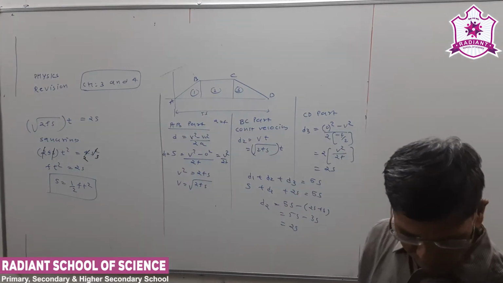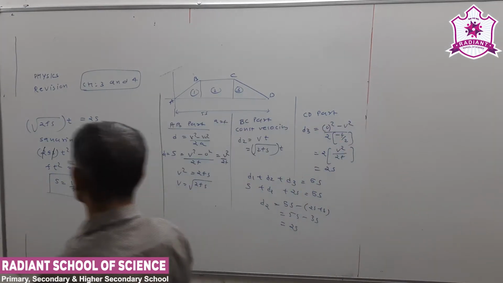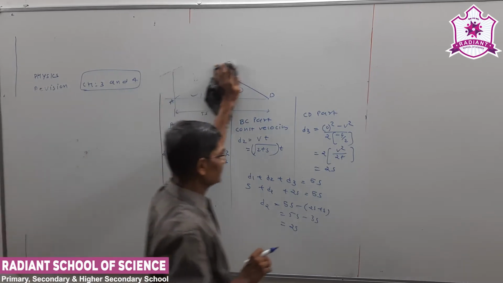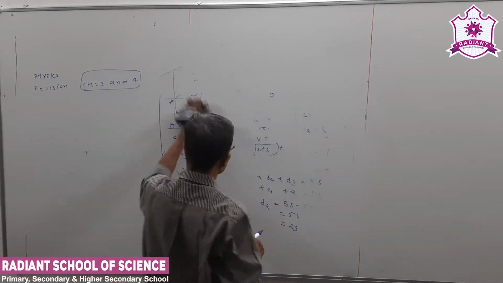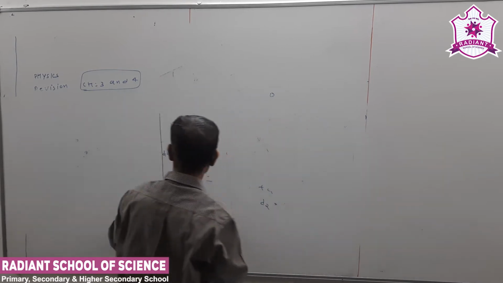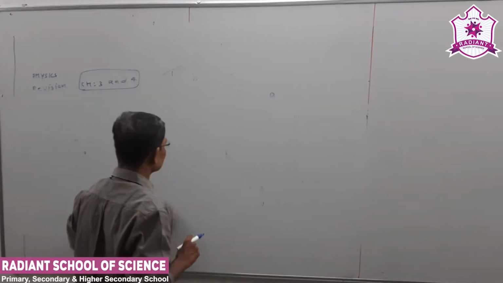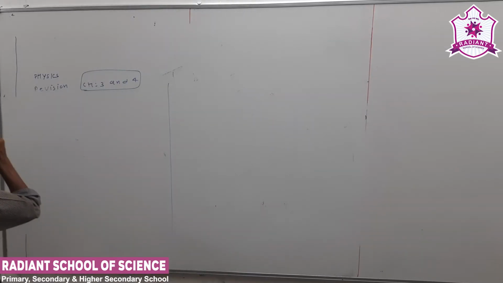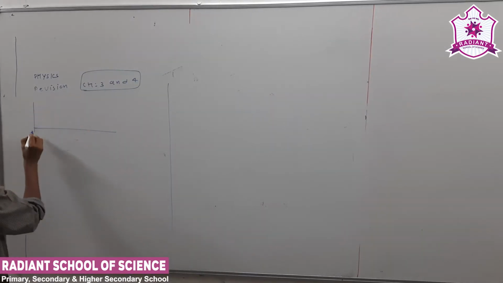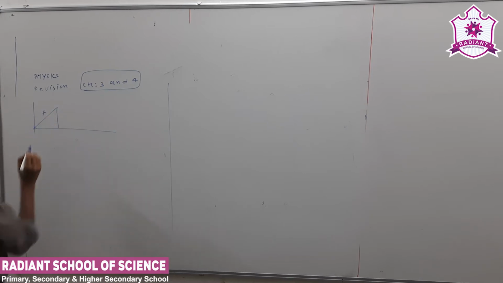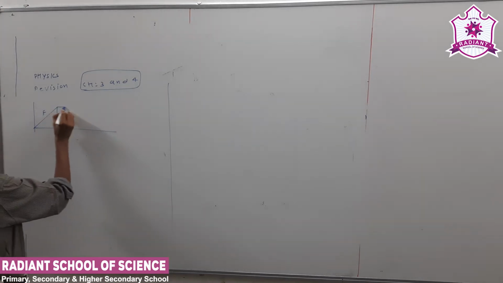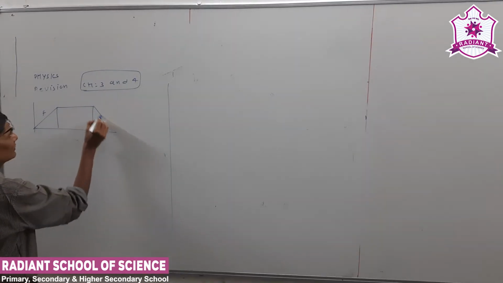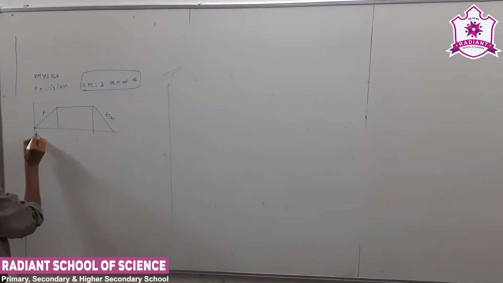Now this is how we can solve the question. Now there is a similar question in which the total distance is given as 13s. It moves with the acceleration of f, then it moves with the constant velocity, then it moves with the retardation of f by 2.